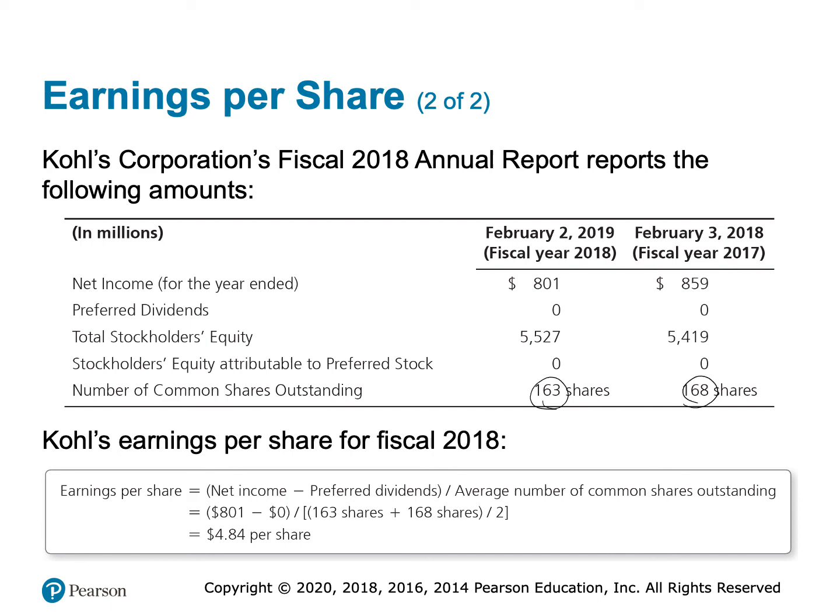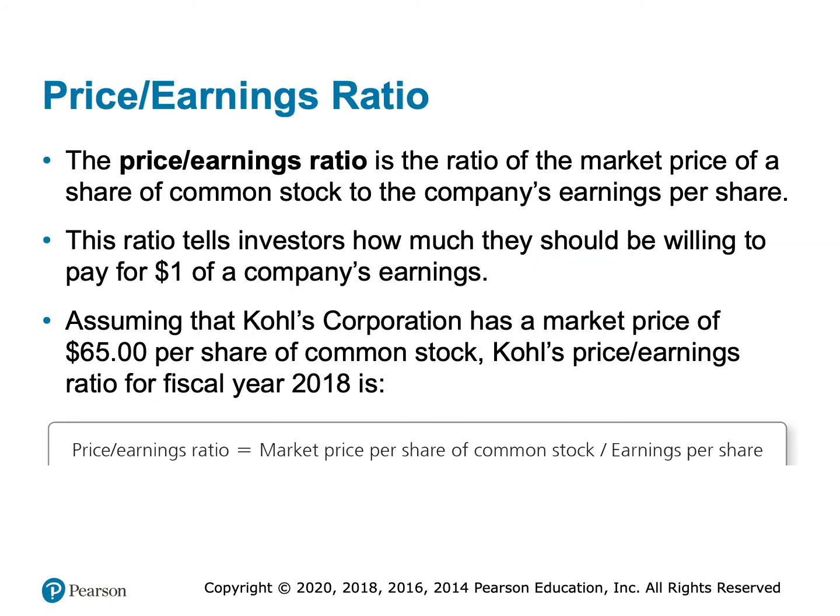Now, if we want to compare two different companies, what we're going to use is called the PE ratio, or the price earnings ratio. This incorporates the market price, the selling price on the stock market of the company's stock. What this tells us is how much an investor would be willing to pay for a dollar of earnings. How valuable do the investors view the earnings?